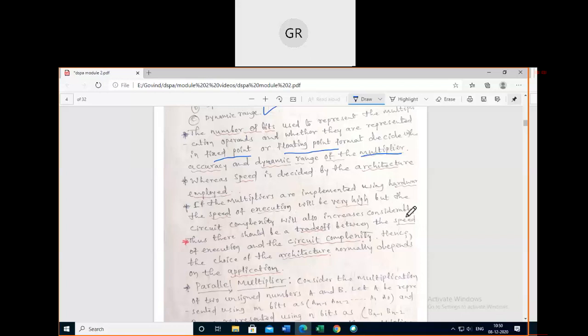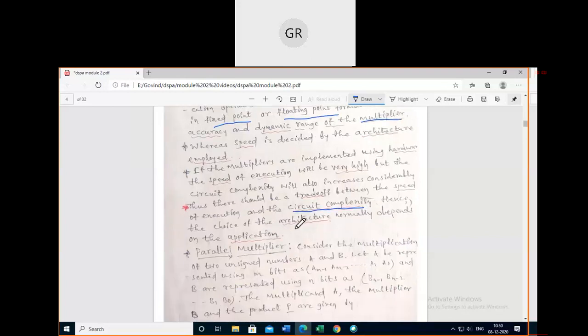Here, if we want to increase the speed of execution, what will happen? The circuit complexity also increases. That's why there is a trade-off between the speed of execution and the circuit complexity. Hence, the choice of architecture normally depends on the application.